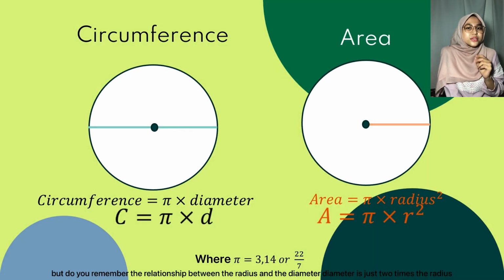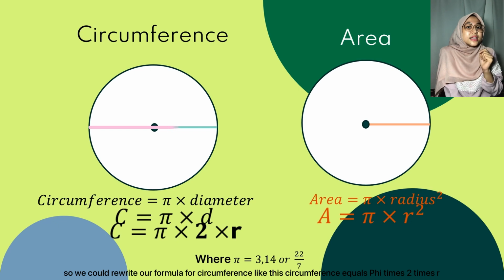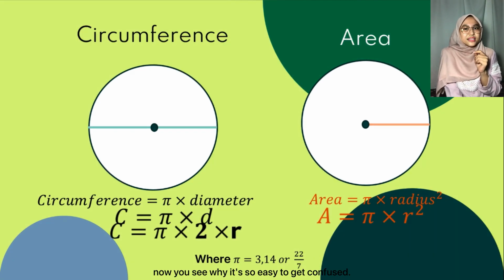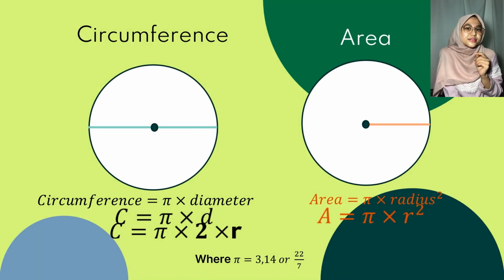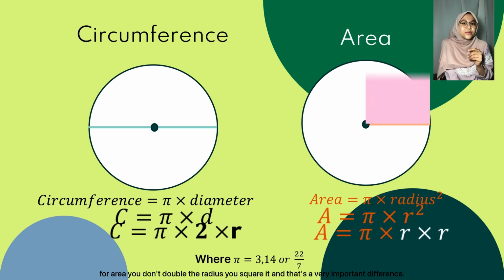Diameter is just 2 times the radius, so we could rewrite our formula for circumference like this: circumference equals pi times 2 times r. Now you see why it's so easy to get confused. To find the circumference, you take the radius and double it, then you multiply by pi to get the final answer. But for the area, you don't double the radius, you square it. And that's a very important difference.